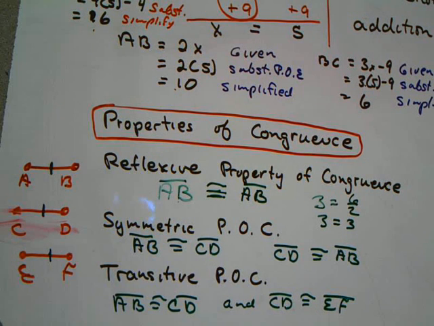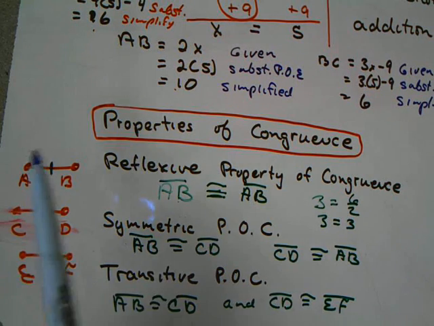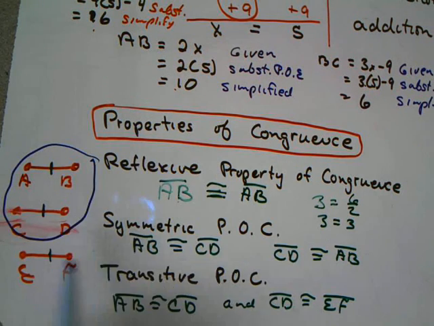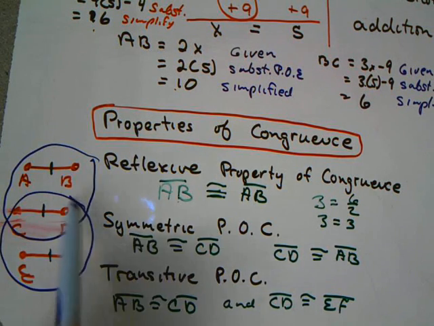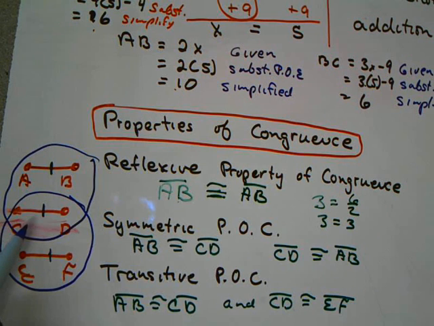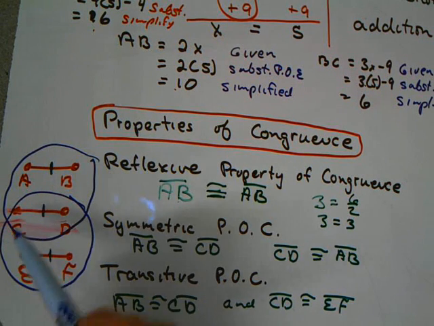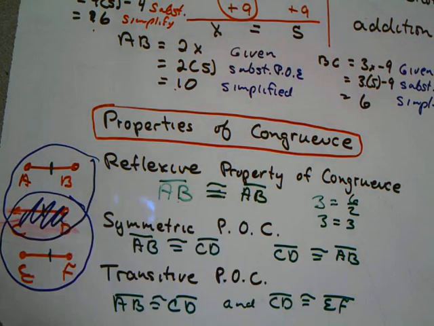Well, if I know these 2 are congruent, and I know these 2 are congruent, I've got a link here. It's a lot like the law of syllogism. Since this one's been stated in both of them, I can say then segment AB is congruent to segment EF. Notice you take out the link, same, and you put together what's left. And that's the transitive property.